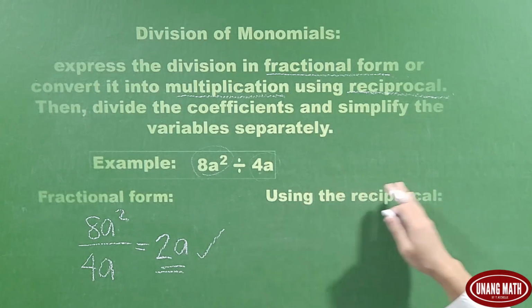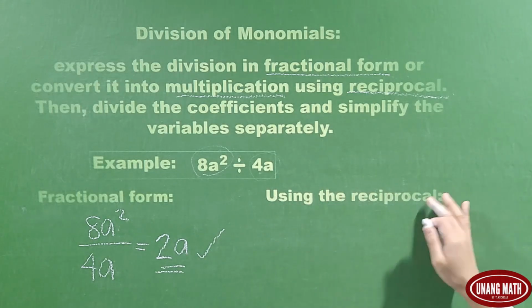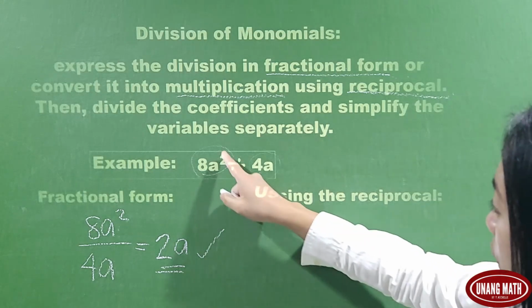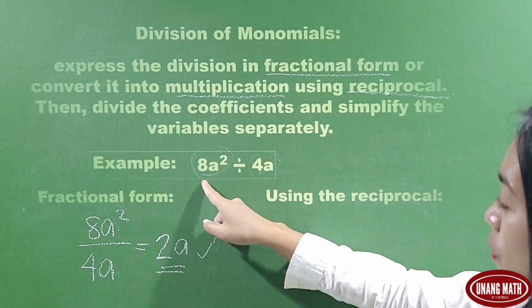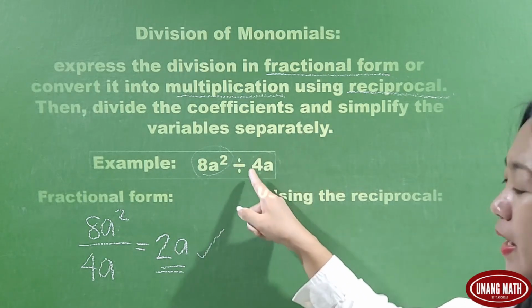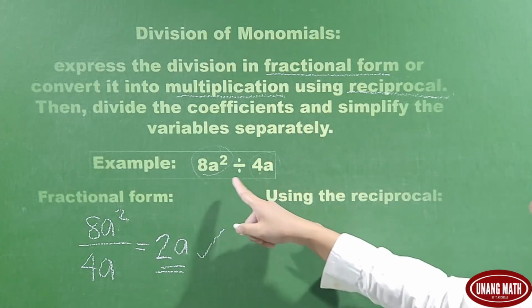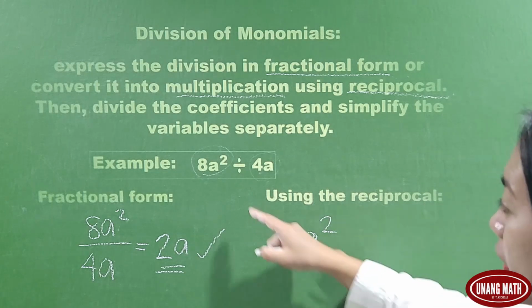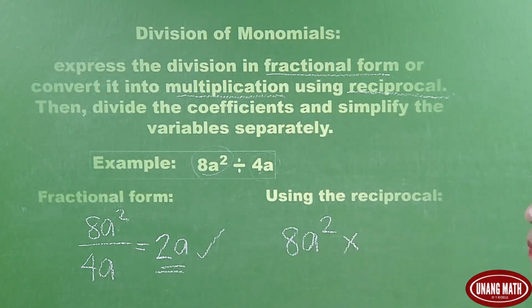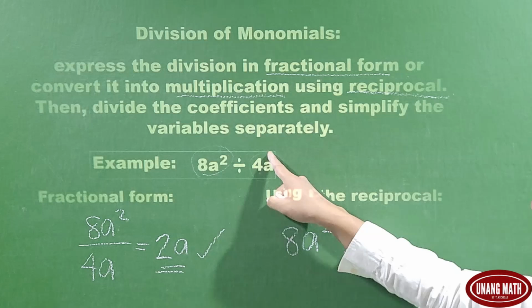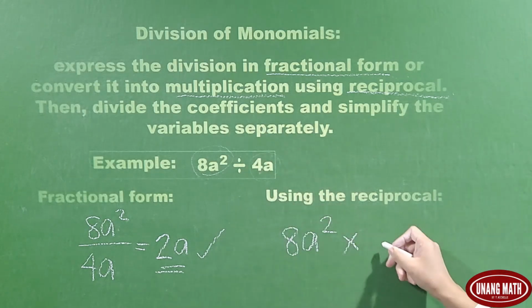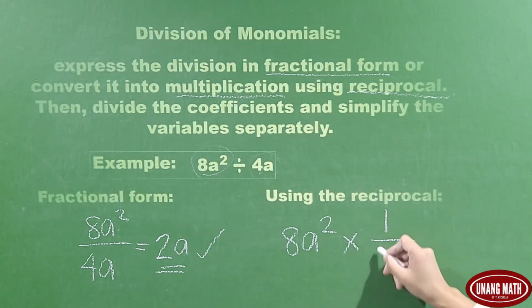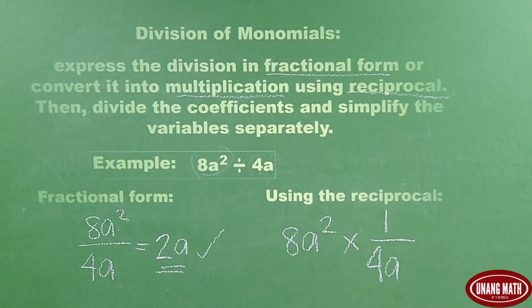What about using the reciprocal? If using the reciprocal, it means we will be multiplying the first monomial by the reciprocal of the second monomial. So copy the first monomial, 8a squared. Division now becomes multiplication. And then get the reciprocal of 4a, which is 1 over 4a.